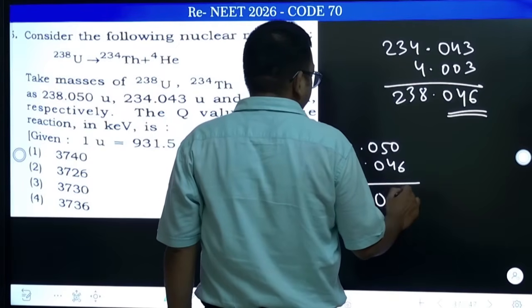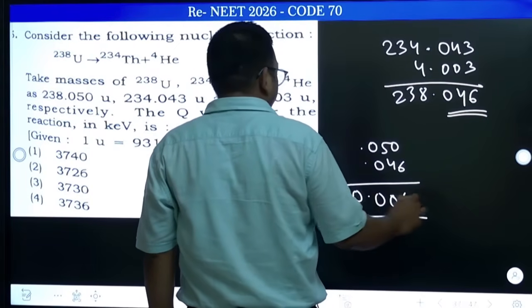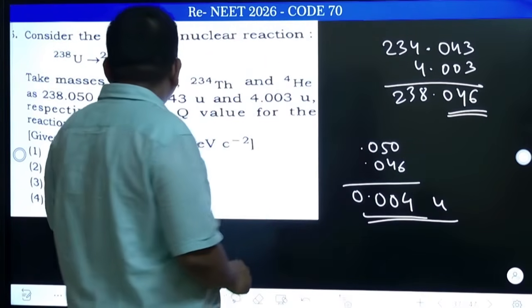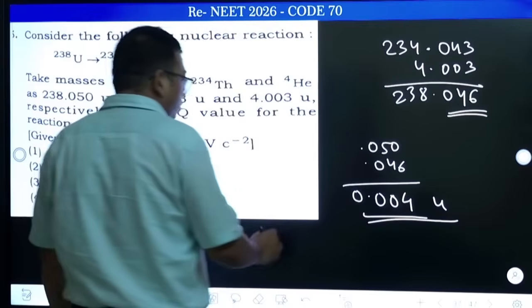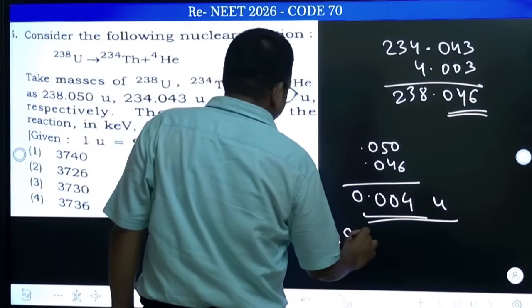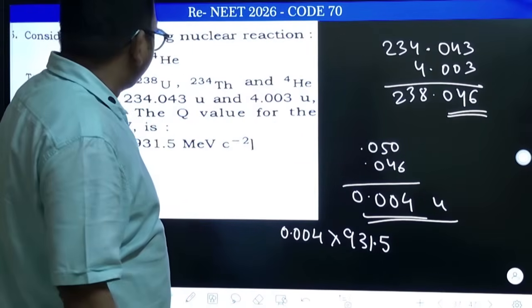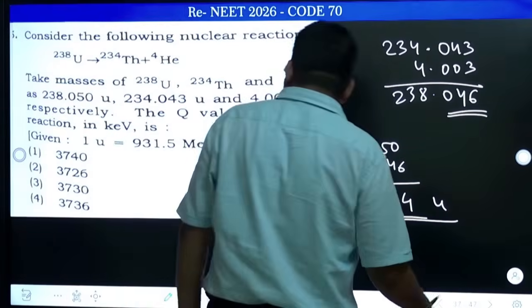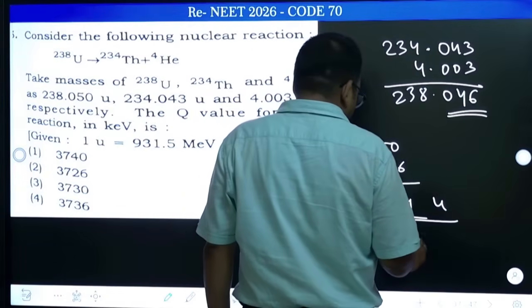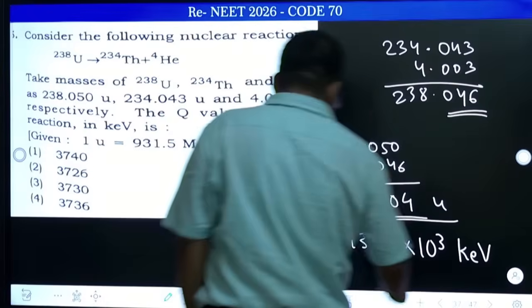So 0.004, that's the mass difference in atomic mass units. Okay. So multiply with this in million electron volts. So 0.004 into 931.5. But we want to calculate in kilo. So this is million, million means 10 to the power 6. So extra 10 to the power 3 you keep. That becomes kilo electron volt. Now check this answer.